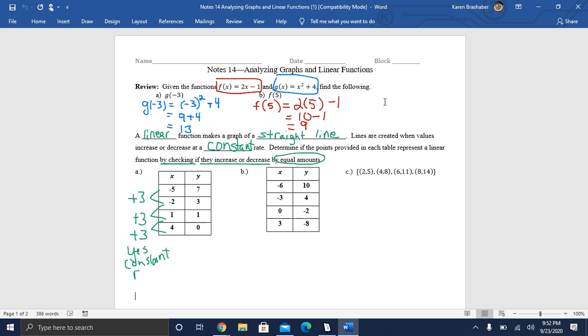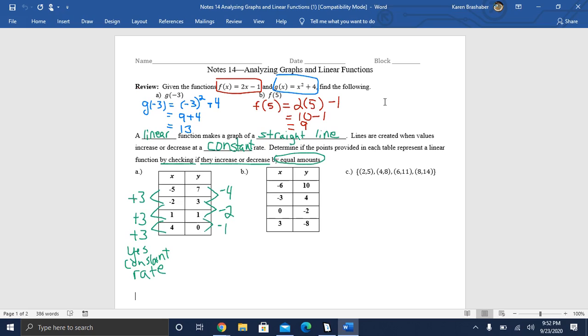And then we'll take a look at our changes for our y's. So we're going from 7 to 3. So that's a change of negative 4. Then we're going from 3 to 1. Well, that's a change of negative 2. And 1 to 0, that's a change of negative 1.